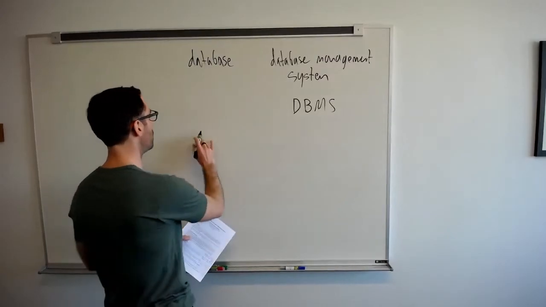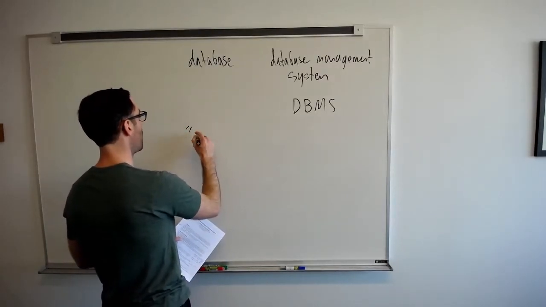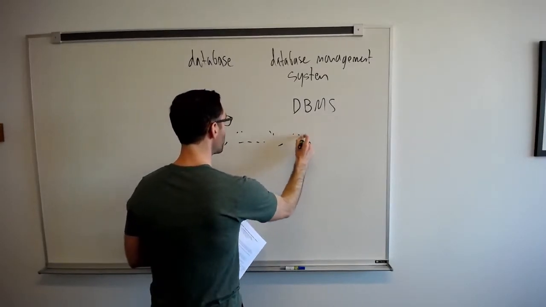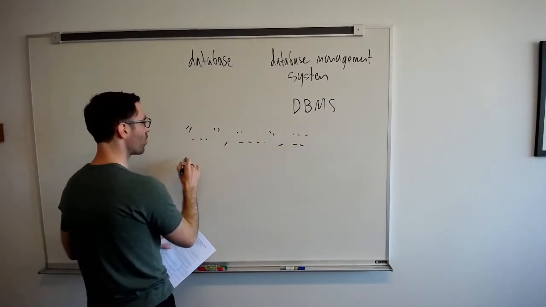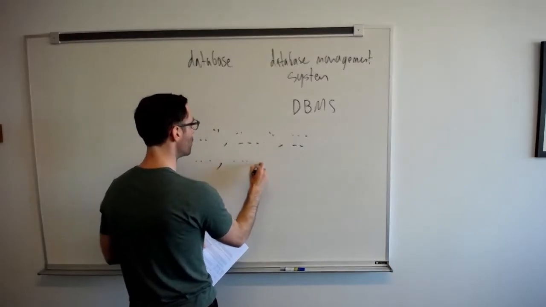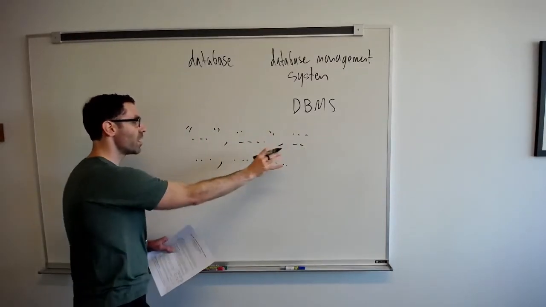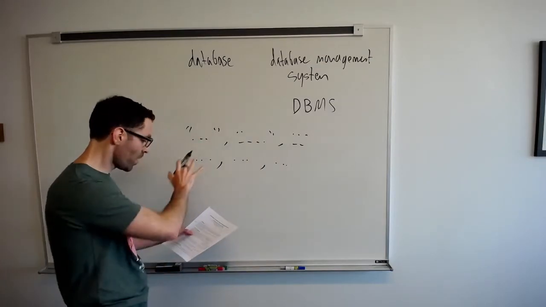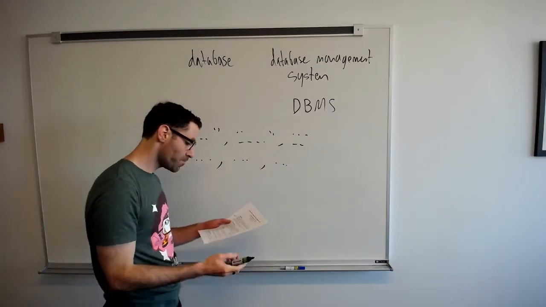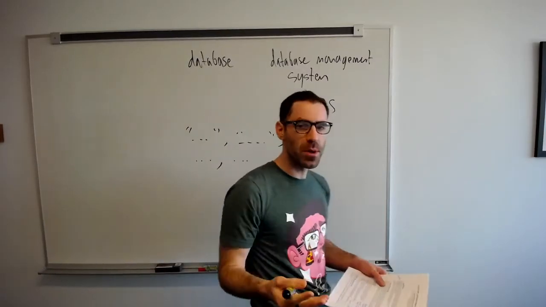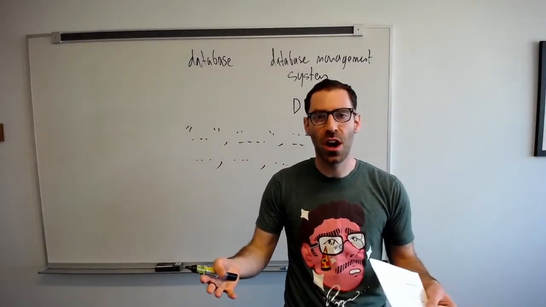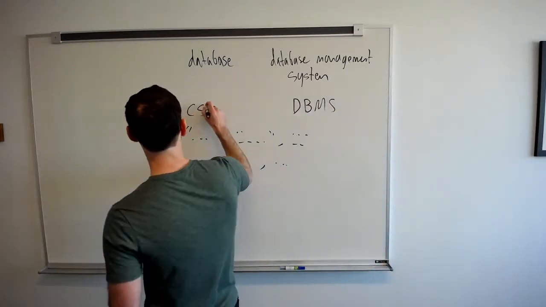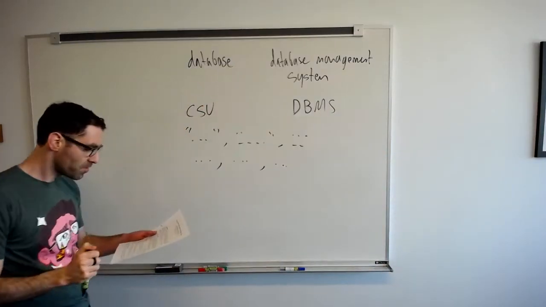So you have some strings separated by commas, and they're organized into one set of values per line of the file. This is how we're keeping track of our data. And our database management system is just some scripts that someone has written to interact with our comma-separated value files.